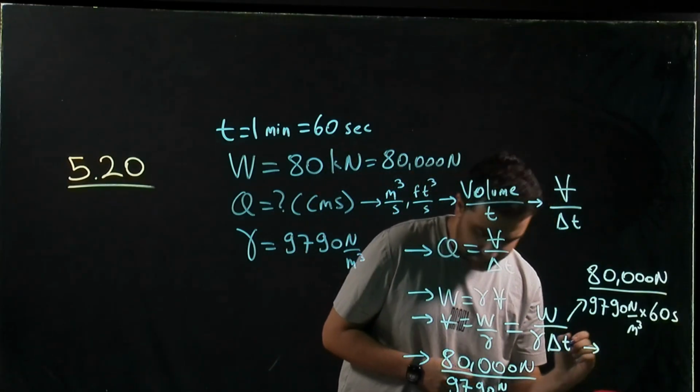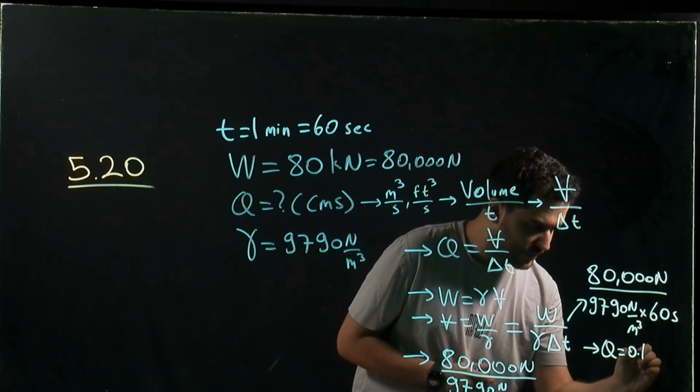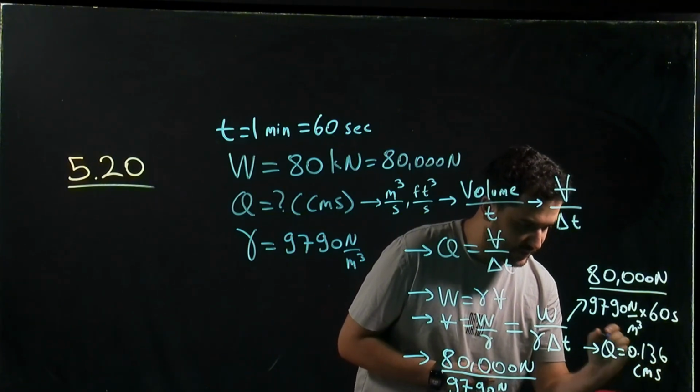And this gives Q as 0.136 cubic meter per second.